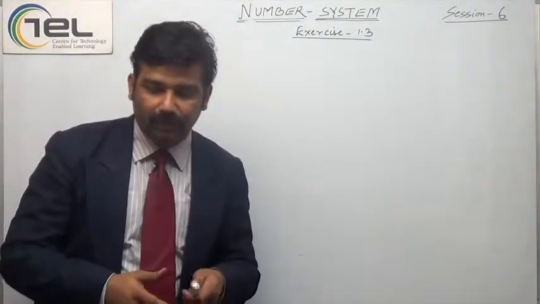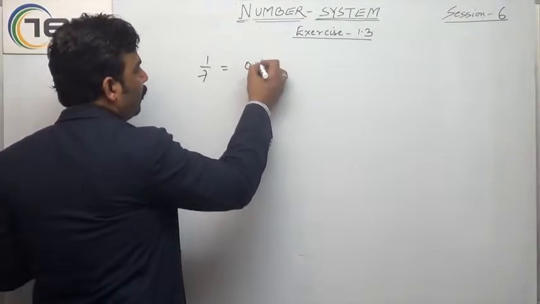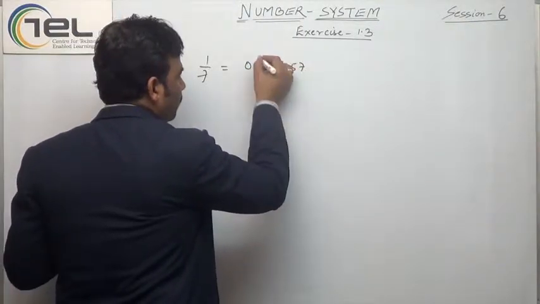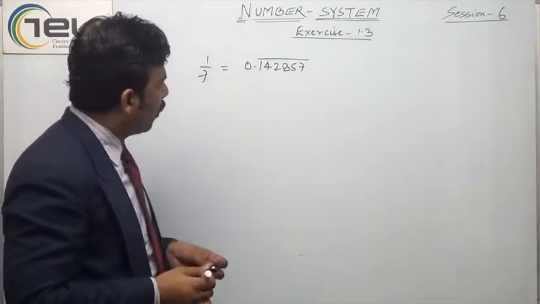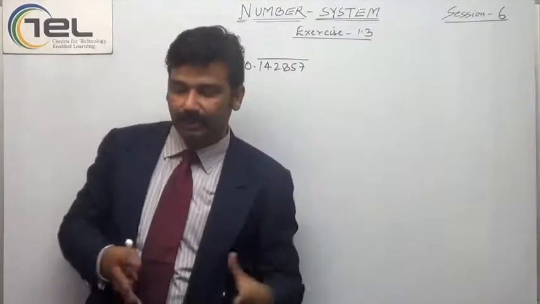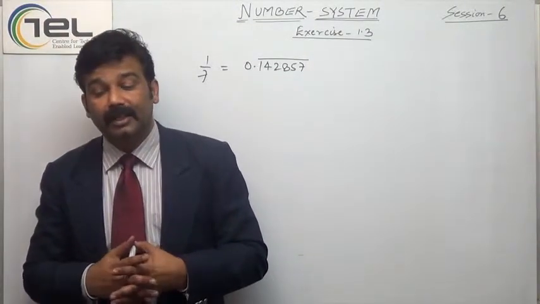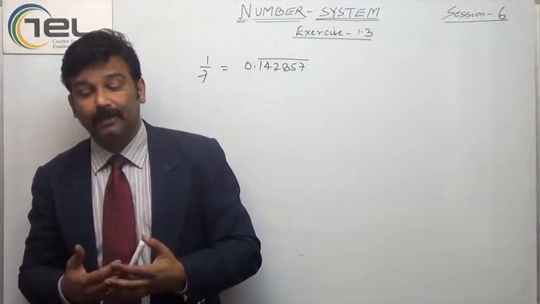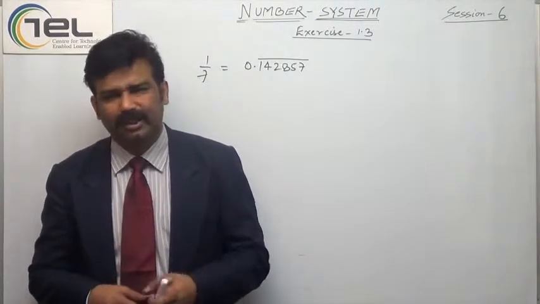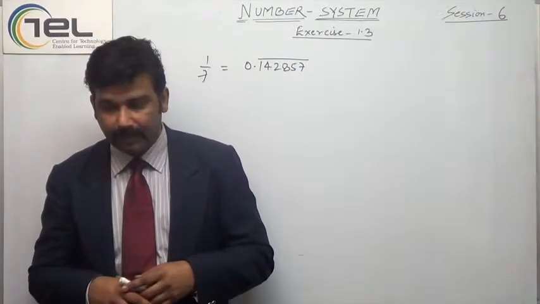For example, for 1 by 7 we have 0.142857, and these digits are repeated. So the block is a 6-digit block. It is the same question they are asking: what can be the maximum number of digits in the repeating block in the decimal expansion of 1 by 17? So do it yourself. I'm sure you will do it.